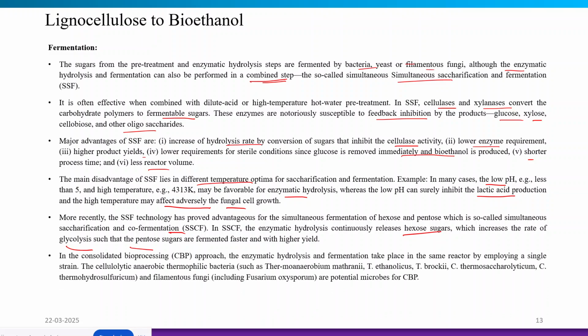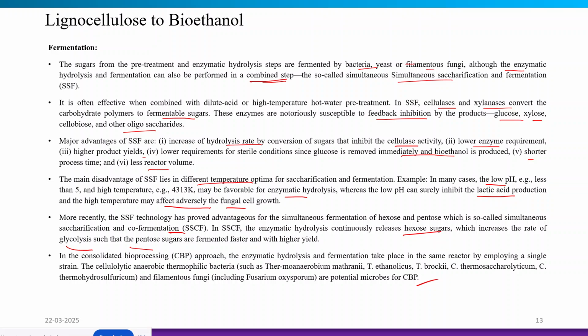The last one is the consolidated bioprocessing approach, where the enzymatic hydrolysis and the fermentation take place in the same reactor by employing a single strain. The cellulolytic anaerobic thermophilic bacteria and the filamentous fungi are very potential microbes for this approach.